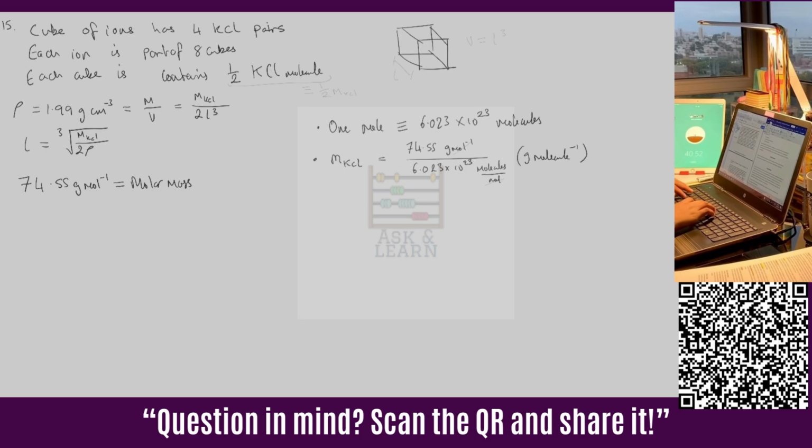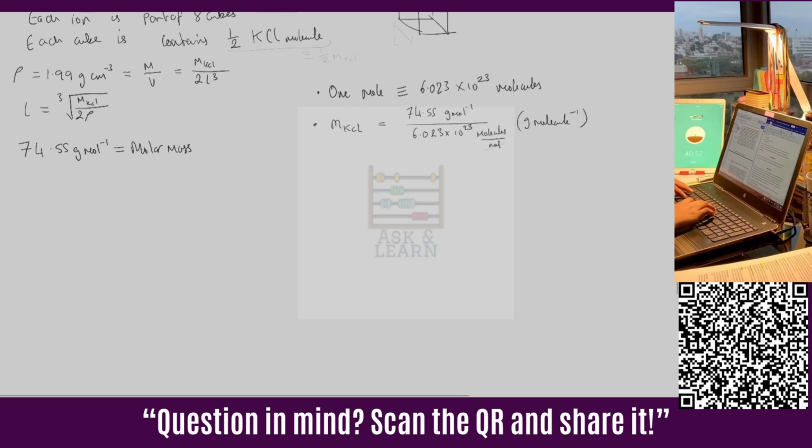Okay, so using this information, we can now work out what the side length is, and it might be better to use brackets. So now we have 74.55, which is the molar mass, divided by 2 lots of the density.